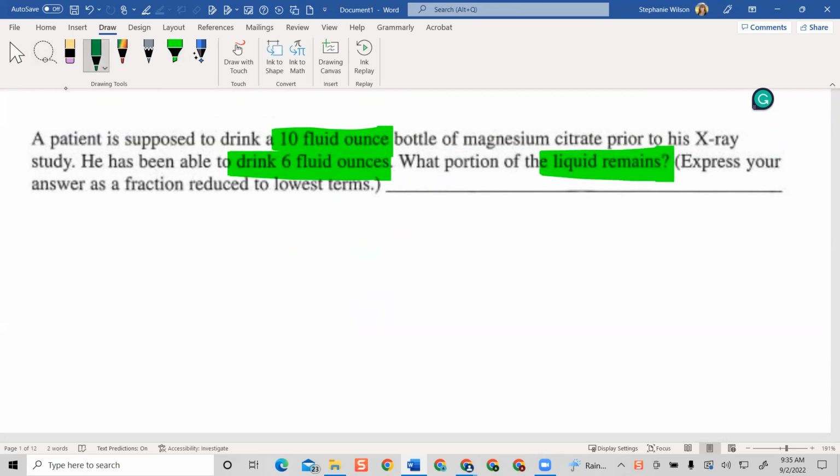So what I know is I can set it up as he drank 6 fluid ounces over the total amount of 10. So the total goes in the denominator. So it gives me a ratio, right? I can reduce this because I know 2 times 3 is 6 and 2 times 5 is 10. So I can reduce it by 2 and it leaves me with 3/5.